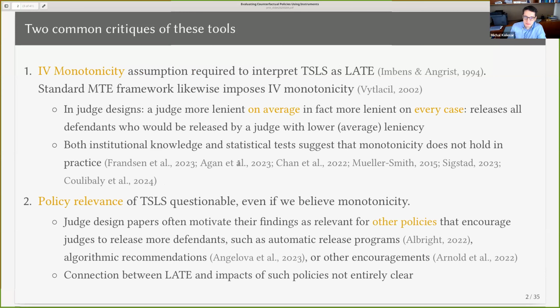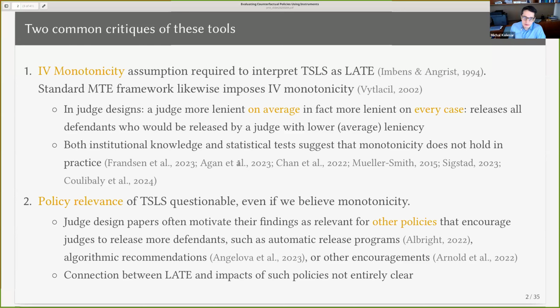The IV monotonicity assumption just says that if I'm assigned to a more lenient judge and I'm not released, say, then I'm also not going to be released if I'm assigned to any of the judges who are a bit less lenient. In other words, if a judge is more lenient on average, the judge must be lenient on every case. But now we have institutional knowledge and statistical tests that suggest that this assumption is a little bit too strong, at least in this scenario.